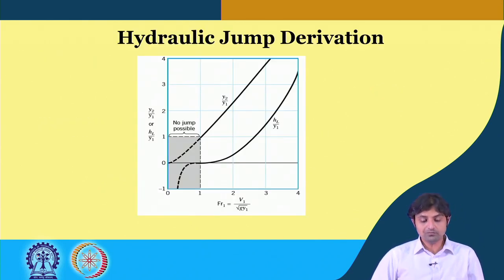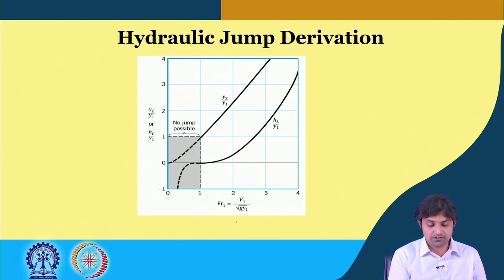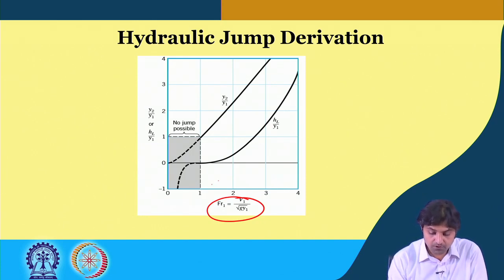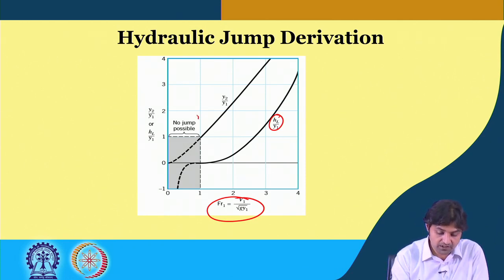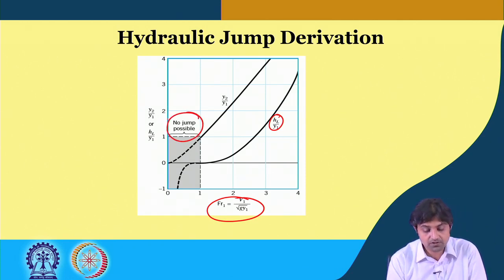So, this is a graph that has been drawn. This is a graph showing y2 by y1 against the Froude number at 1. All right. If you keep plotting, this is HL by y1. This is an area where there cannot be any possible jump, this area. All right.